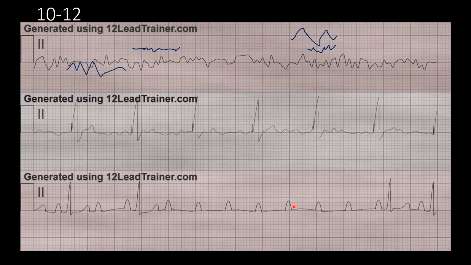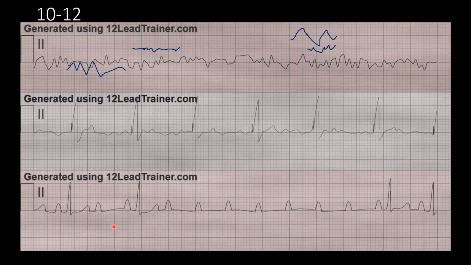Down here we have an irregular rhythm at a rate of about 40. We do have P waves, but we have extra ones. They are upright, round, and monomorphic in lead 2, so that tells us they likely are sinus. And our intervals, if we look at our PRI, our PR interval is about 0.16 seconds, and it is consistent with all the ones that have QRSs after.